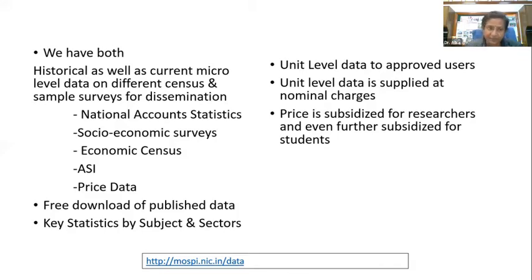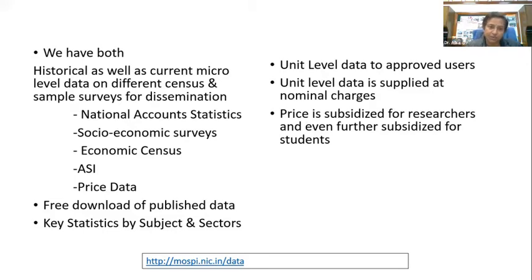Similarly, price data, consumer price index, wholesale price index, and these indices bifurcated by sectors, by origin of different strata, income groups, states, regions, all sorts of data are available.